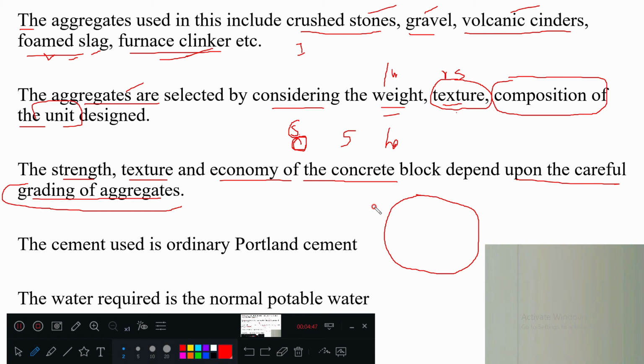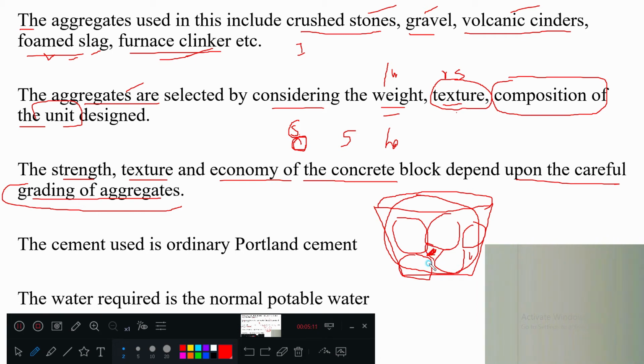Suppose you have one full bucket and you want to fill it completely with aggregate. If you put the same size of aggregate, say all 20 mm, let us say all 14 mm, there will be voids formed. To fill these voids, we have to use lesser sized aggregate.